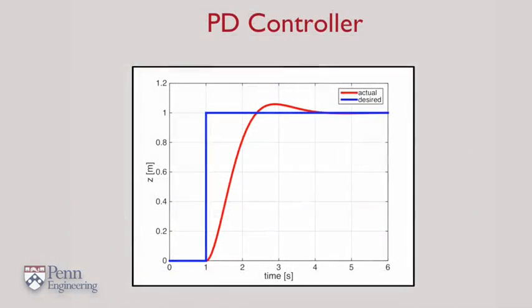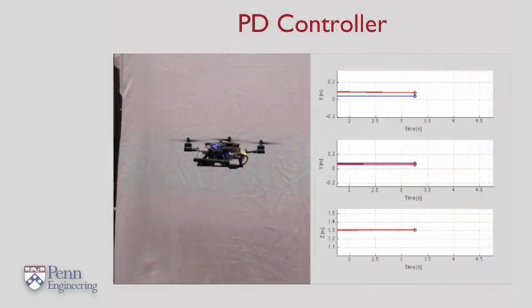And you can see that the error starts out being non-zero and then eventually settles down. There's an overshoot. The red curve overshoots the desired blue curve, but eventually settles back down so that the red and the blue curve coincide. And here's an experiment that demonstrates the same idea.